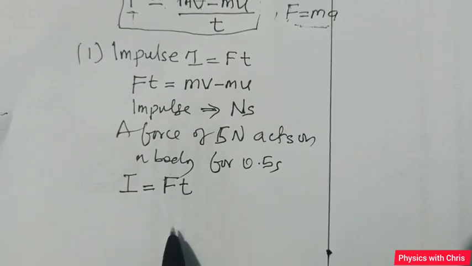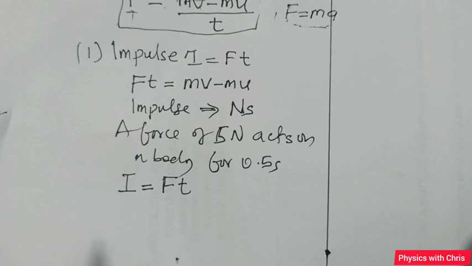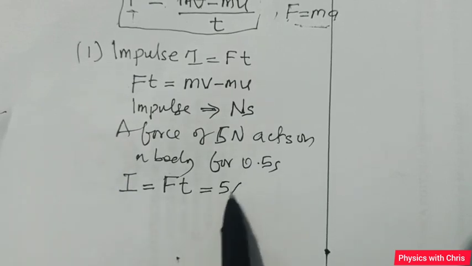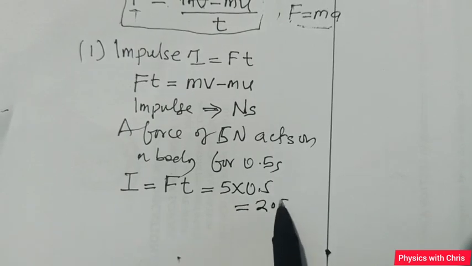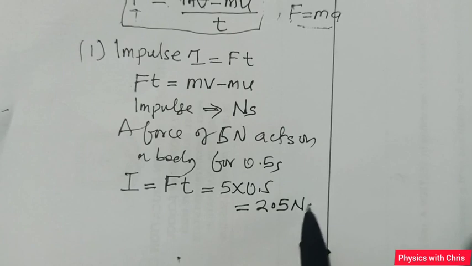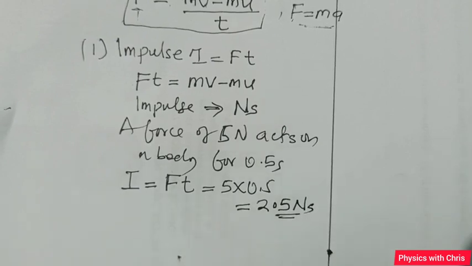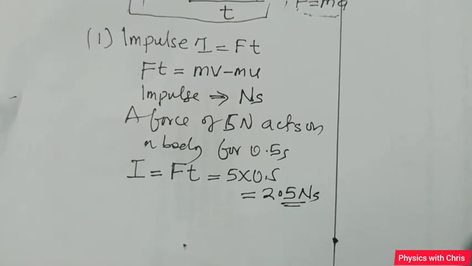This time t is the time during which the force acts, or is in contact with the body. That is talking in terms of contact force, because the contact force requires contact with the body that it affects. So that gives me 5 times 0.5, and the impulse received by the body is 2.5 Newton second. That is one case of the deduction from Newton's second law of motion.